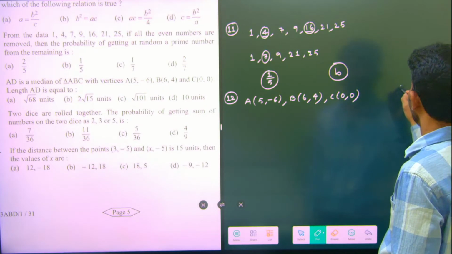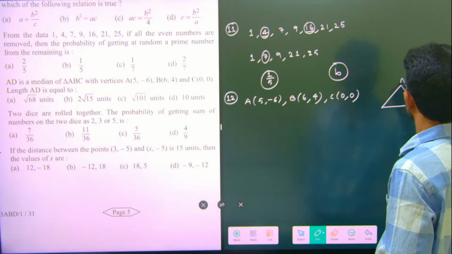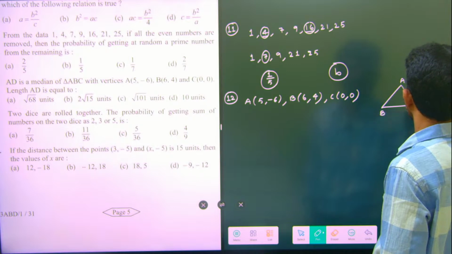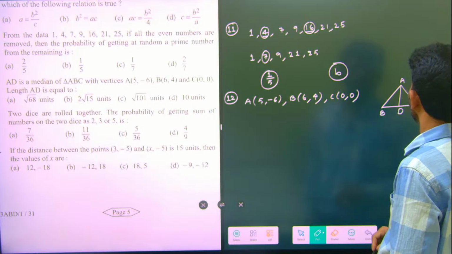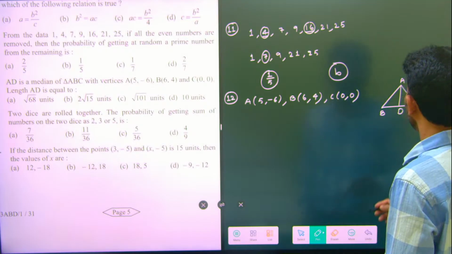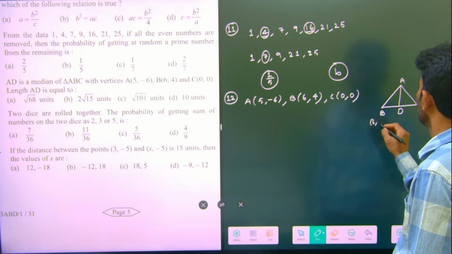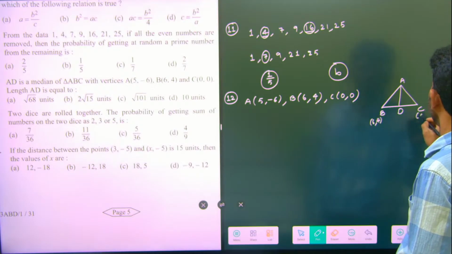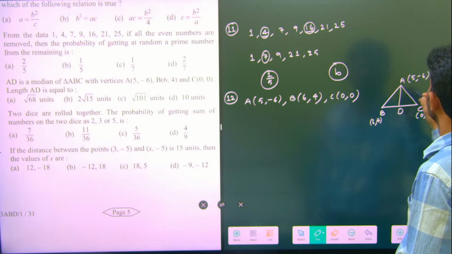And they said AD is the median of the triangle. So for getting the length of the median, first you have to find the midpoint of BC. B is 6 comma 4, C is 0 comma 0, and A is 5 comma minus 6.